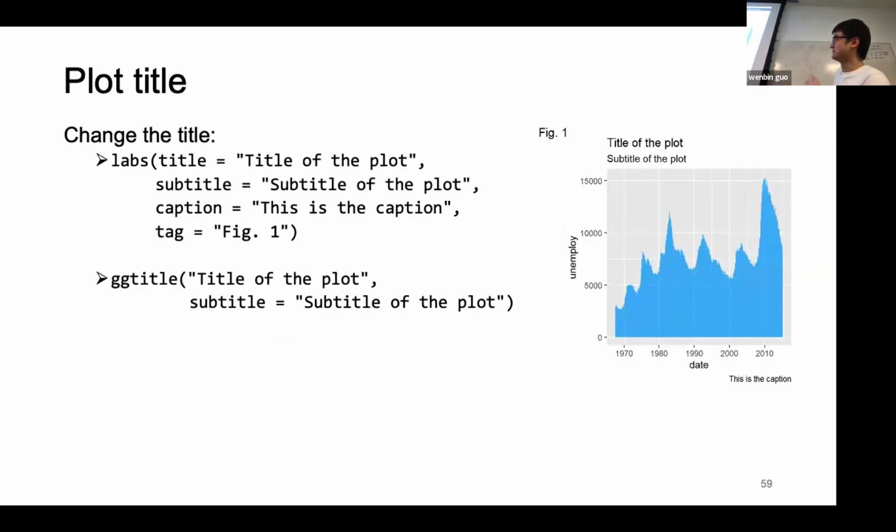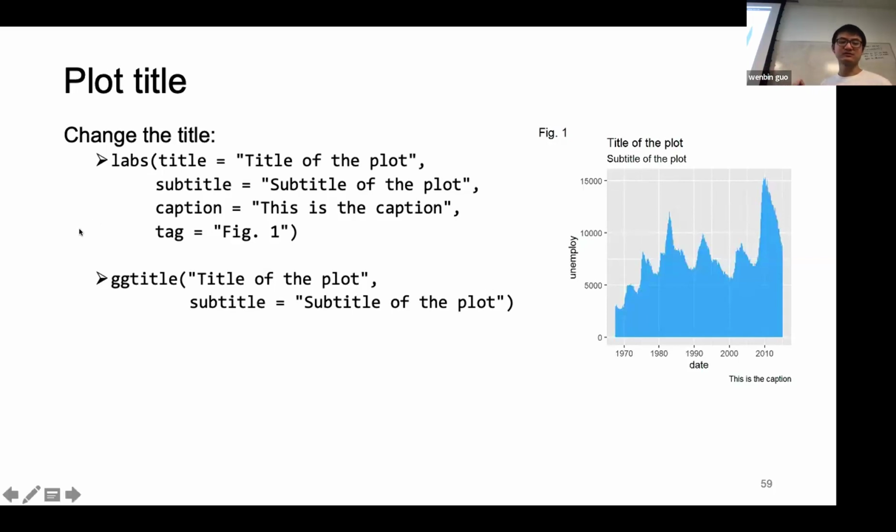So one of the important things about a figure is that we want to customize the title, the axis, subtitle, tag, etc. So instead of generating the plot in the PDF version, and then using Adobe Illustrator to edit those things, or simply using PowerPoint to edit those things, you can actually just build in the plot that you want.